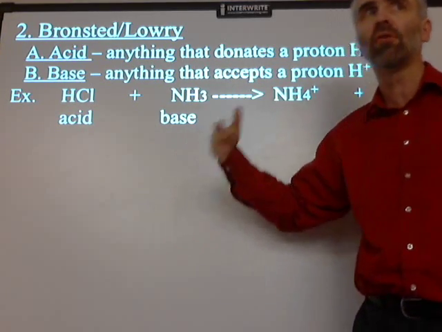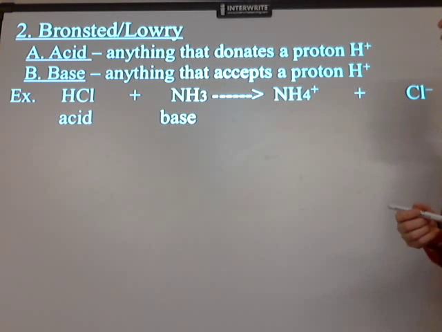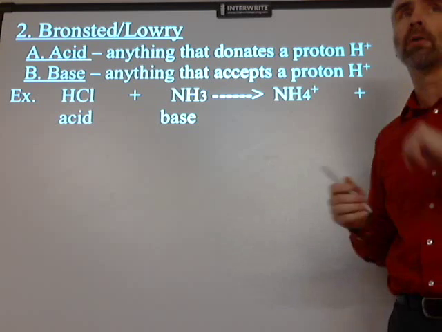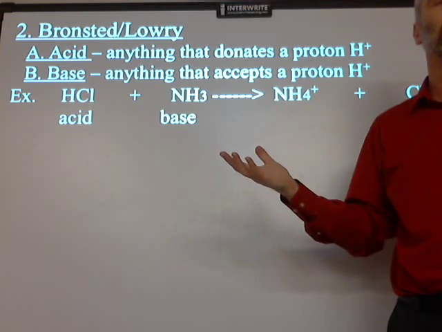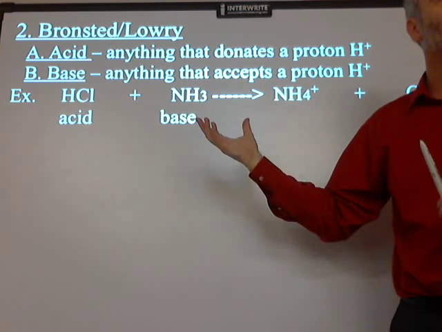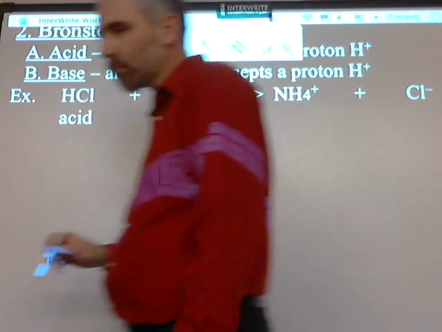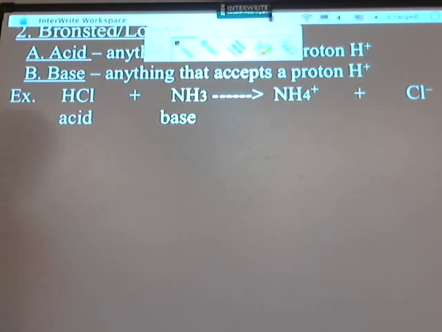The NH3 becomes NH4+. It gained an H. And by the way, why is an H a proton? Why is it the same thing as a proton? Because how many protons are in hydrogen? How many electrons are in hydrogen normally? One. So if it loses an electron, kind of like this, I'm going to do a little bit more of the electron dot here in a second.